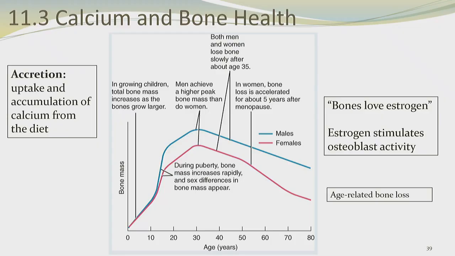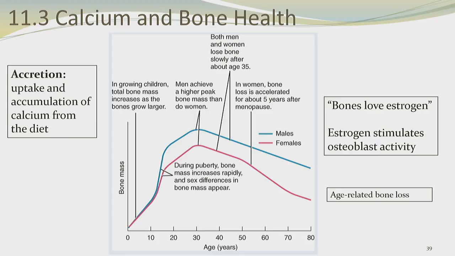So very early in childhood and through adolescence and early adulthood, both men and women take up and accumulate calcium from the diet. And this is a process called accretion. Right? So as you see here, both men and women tend to follow the same path in early adulthood, although men typically will have bigger bones and generally will have much higher bone mass.